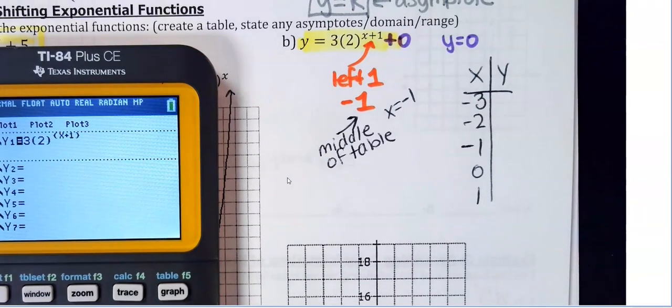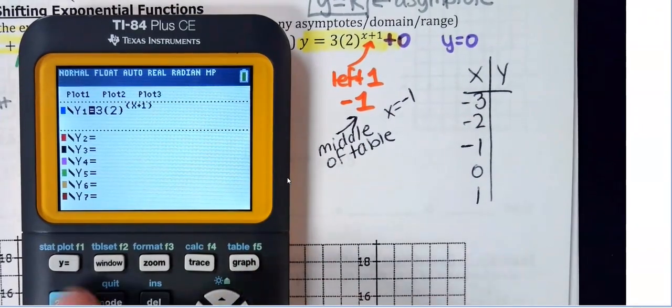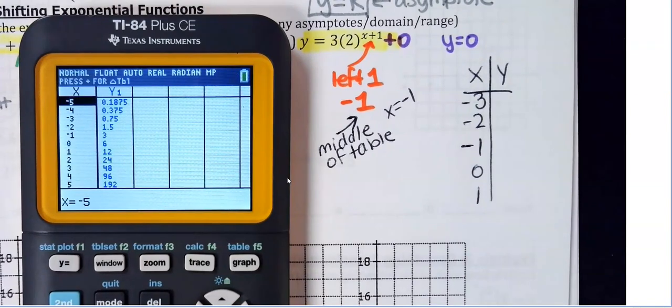Otherwise, it won't do it right. Okay, so if you can see it in the exponent, you're good. If you have an 83 and you can't see the exponent, if it's on the same line with the rest of the question, just put parentheses around that. I will help you with it if you're not getting the same thing I'm getting for my table. Okay, once I type that in, just hit second graph, and that'll give you your table.